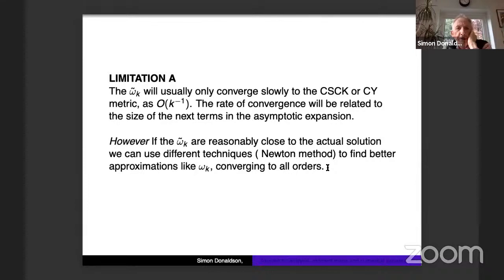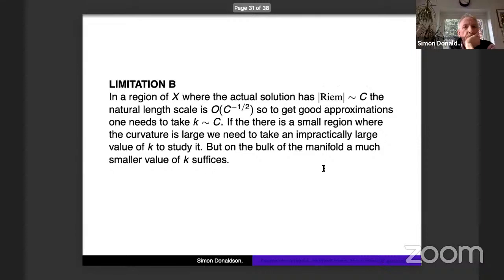In practice, one finds that this is often the case: if we take a small value of k, the omega tilde k is not super close to the actual solution, but it's reasonable enough to use linear techniques to find much better approximations.